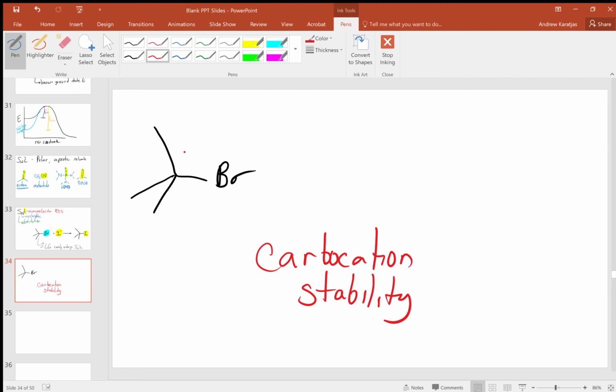And so in an SN1 reaction, what happens is that in the first step, the leaving group leaves. And as a result, we get a carbocation. Then, in a second step, the nucleophile attacks.